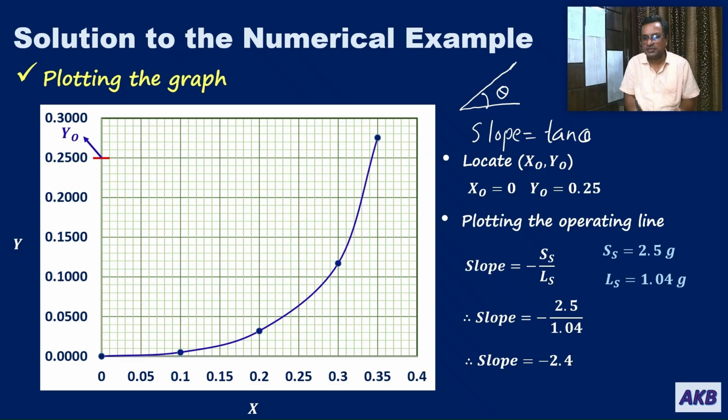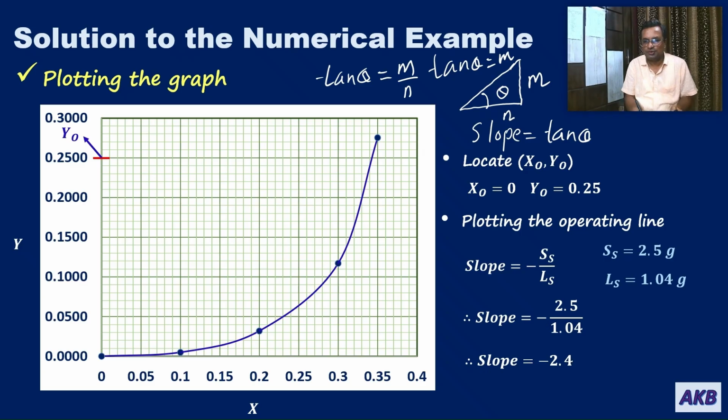Now if I complete the triangle, which is the right angle triangle, and if this side measures m and this side measures n, then the definition of tan theta in this triangle is m upon n. And if I make n to be 1, then in that case tan theta will be equal to m. So I will use this definition for plotting the operating line.